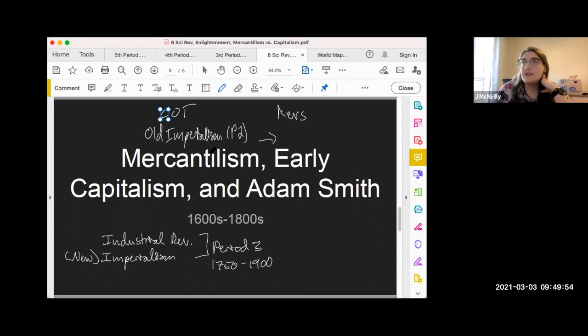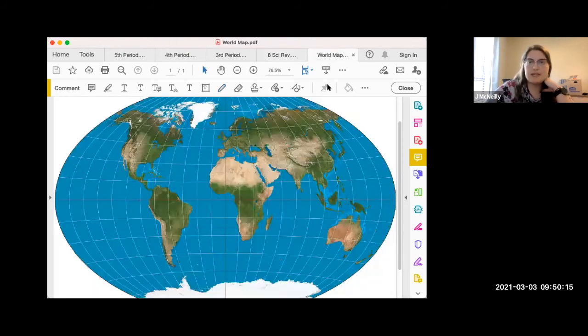So now Europe doesn't have colonies in the New World to supply their market. So they're going to move to a new form of imperialism, new imperialism in period 3. And this begins with the Industrial Revolution. Now, the Industrial Revolution begins in Britain.